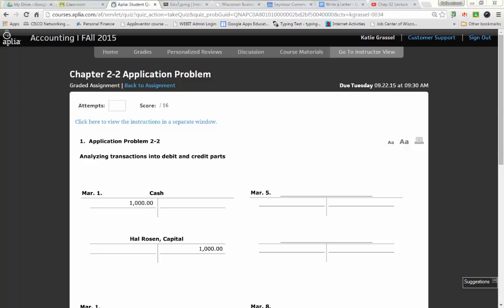Please remember you have to get your debit account first. You could have your debits and credits done correctly but have the wrong account listed first, and it will mark the entire thing wrong for you. So I just want to make sure you realize the account that you're debiting has to go first, just like I've done in the example. So feel free to finish up on your own, and then go ahead and work on the application problem.